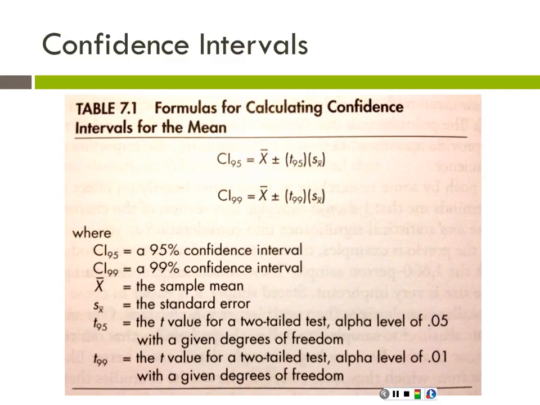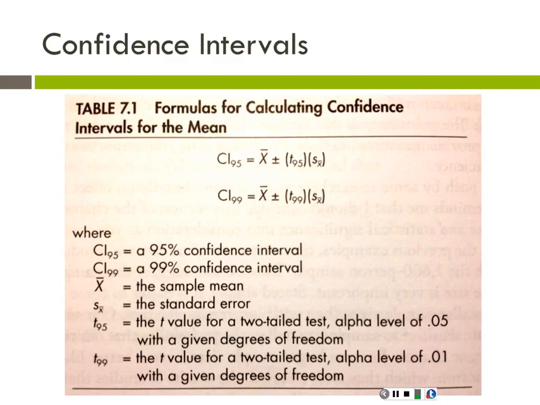To calculate a confidence interval, you need a couple of familiar pieces of information. We need the sample mean, right? That's the X bar. We also need the standard error, the estimate of how much error is expected in our sample statistics. Then the last thing we need, which is a newer piece of information, is this little T95.